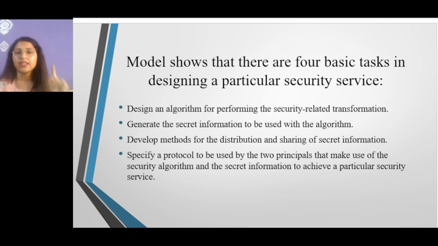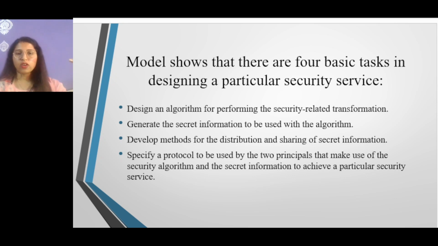So first is design an algorithm, then generate secret information. Whenever the algorithm is applied, it will generate secret information. Then you are going to develop the method for distributing the secret information.